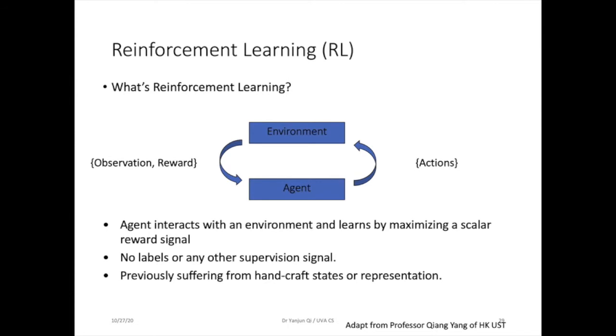For example, whatever you observe depends not just on the current state of where you are, but also on the action the agent just took before. So there is a very important distribution shift issue too, which makes reinforcement learning a much more difficult task compared to the supervised setting.